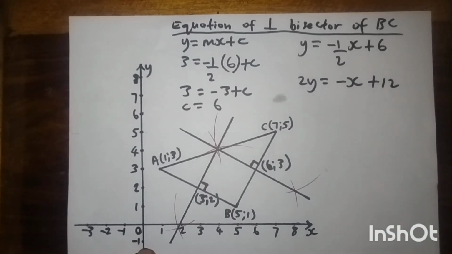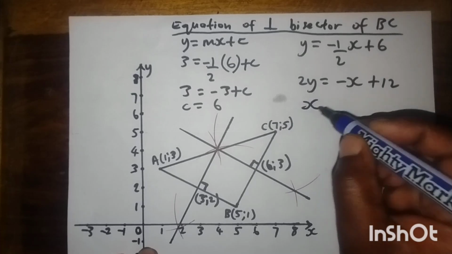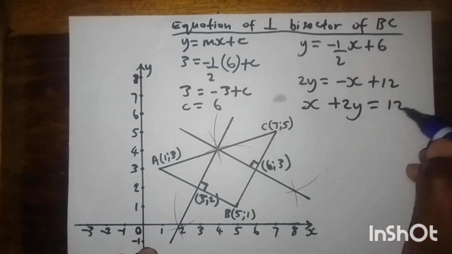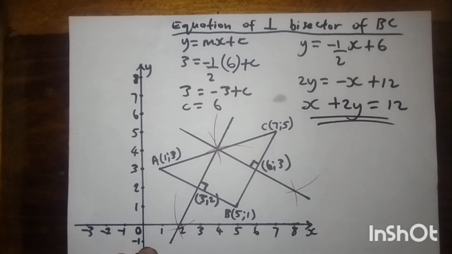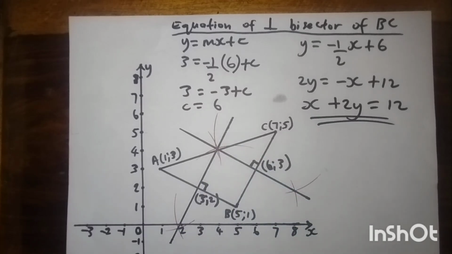Simplifying further, it becomes x plus 2y equals 12. We realize that the equation of the perpendicular bisector of AB is y equals 2x minus 4, and the equation of the perpendicular bisector of BC is x plus 2y equals 12.